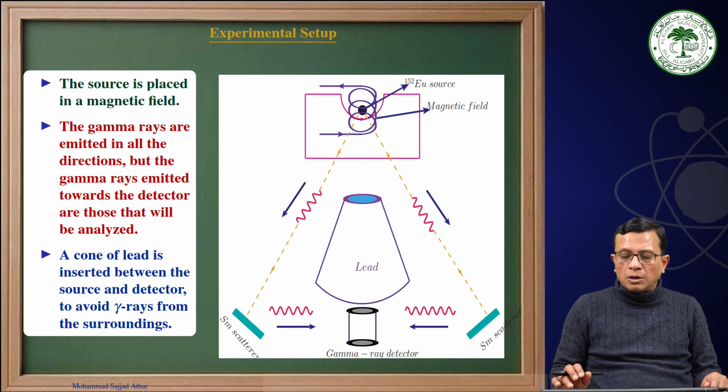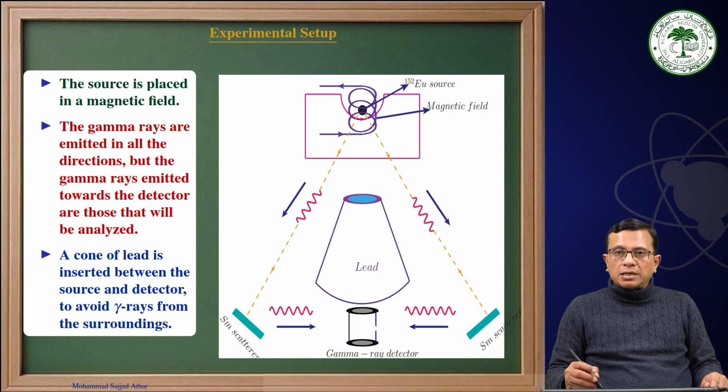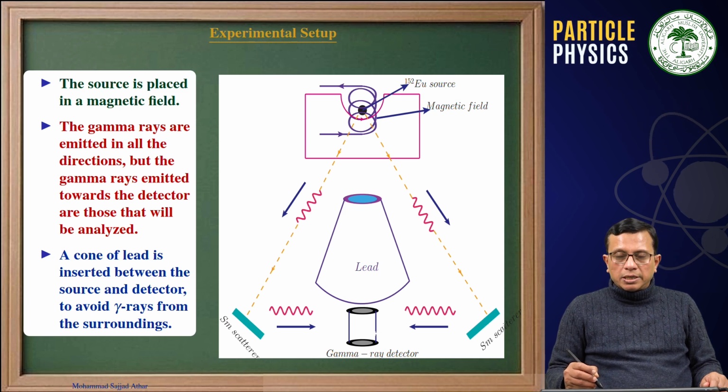Now for this, what was done? Europium nucleus was kept in a magnetic field, and then a sodium iodide detector was placed here to detect gamma rays. In between this source and the detector, a lead shield was placed to avoid the background.